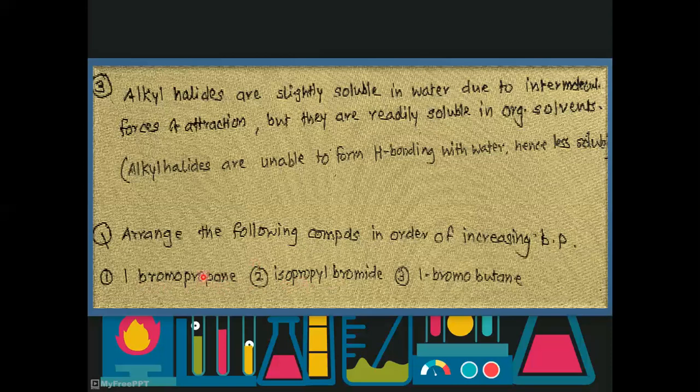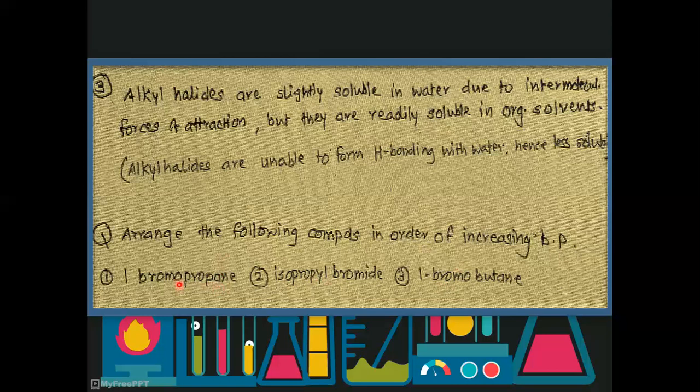So this has a higher boiling point than this. And the third one is bromobutane, with 4 carbons, so it has a higher boiling point than this and this. This way we can solve such types of examples.